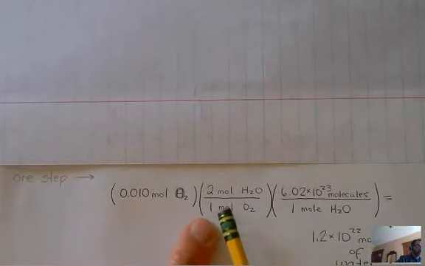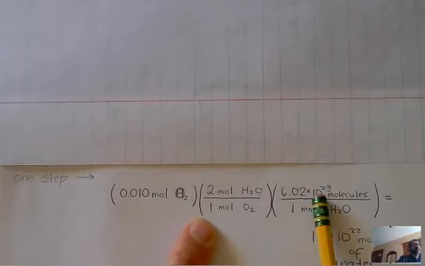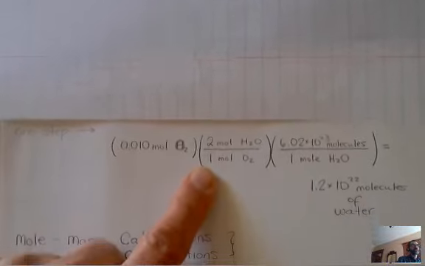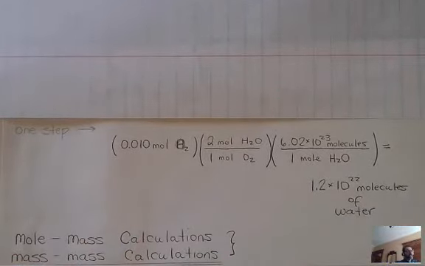So here's our 1 to 2 relationship, and then all in one step, I multiply by 6.02 times 10 to the 23rd. So these will become more familiar to us.